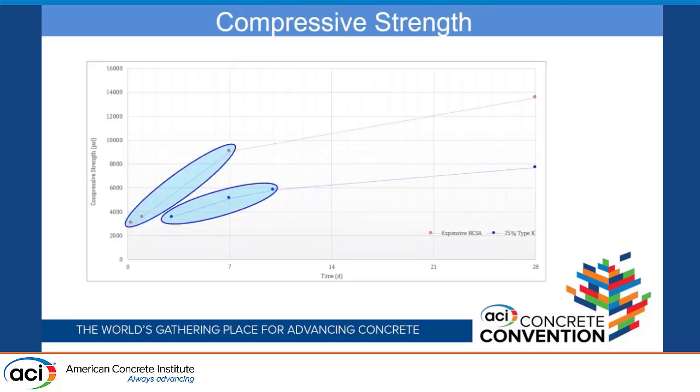If we look at the compressive strengths of these materials without any internal curing, the expansive BCSA reaches a high strength, typically, at least for the mix designs that we're using in this case, whereas the type K is lower. But we see a lot of increase in that compressive strength as we do our curing, which is highlighted in blue there.